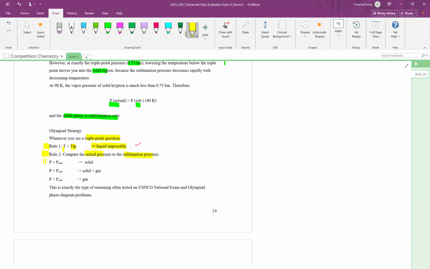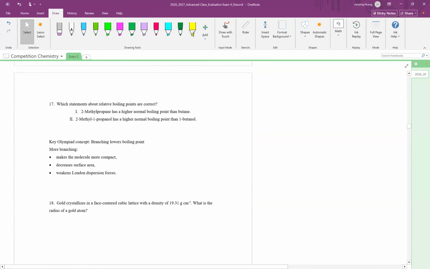If it is greater, higher pressure, that is a solid. If equal, it's solid and vapor, or gas. If less, it's a gas. Very nice question, often used in the USNCO National Exam. So that's law 1 and law 2.